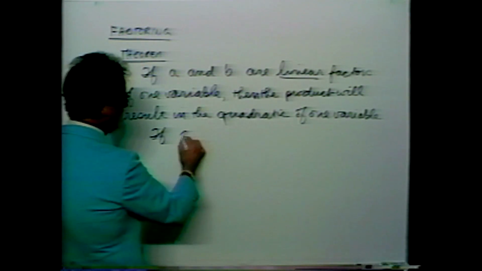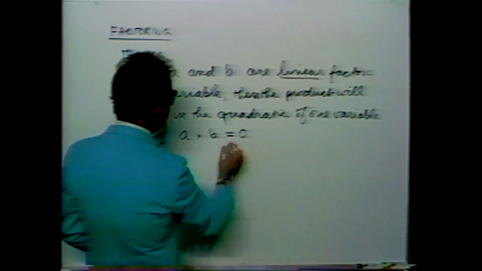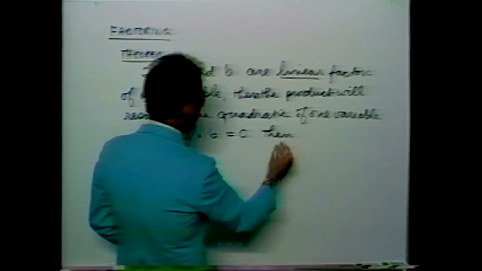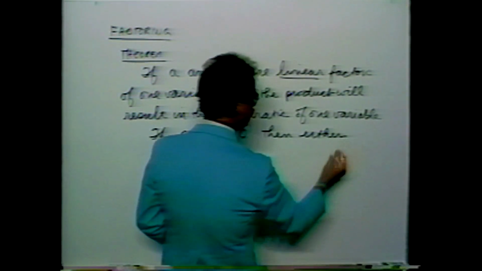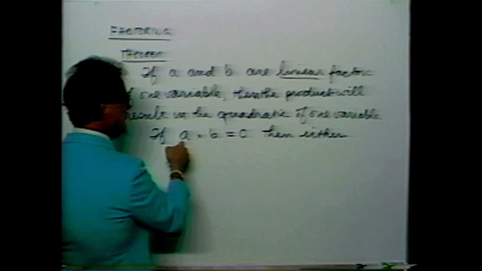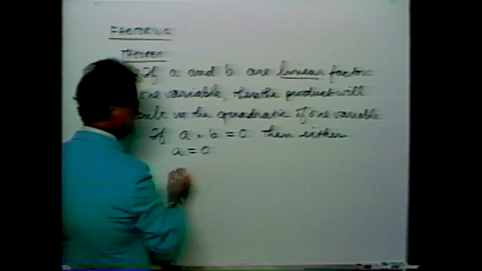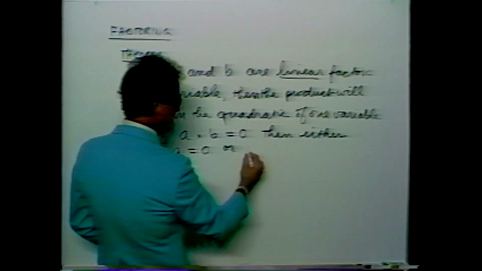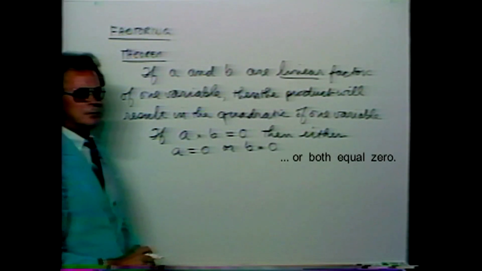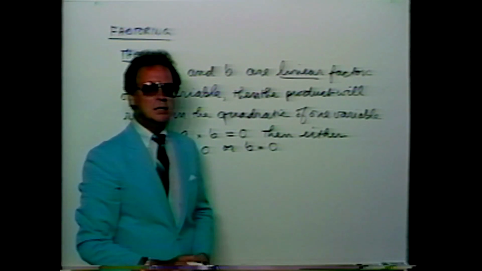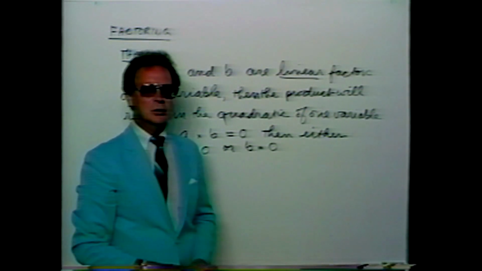If A times B equals 0, then it follows that either the A linear factor equals 0, or the B linear factor equals 0. The root for each is easily determined. Thus, the solution to the quadratic is also determined.